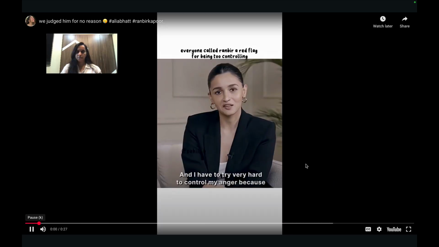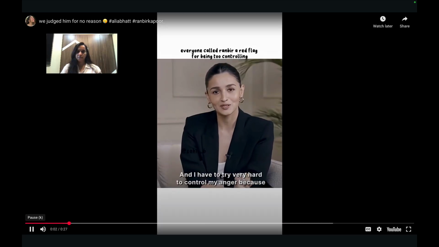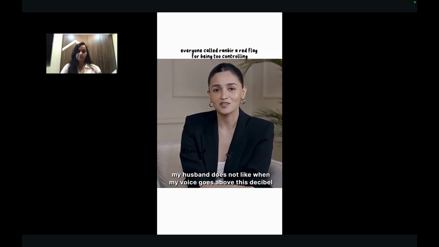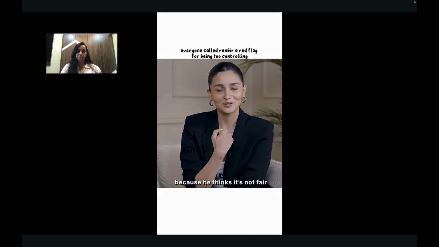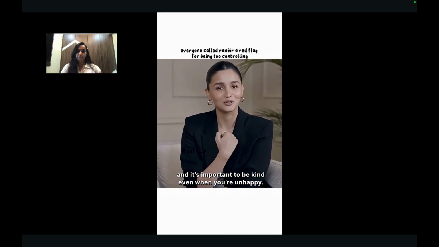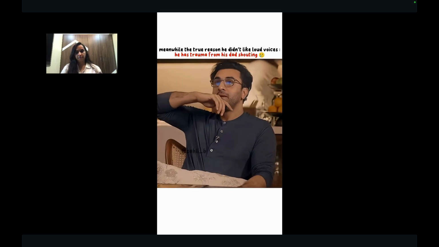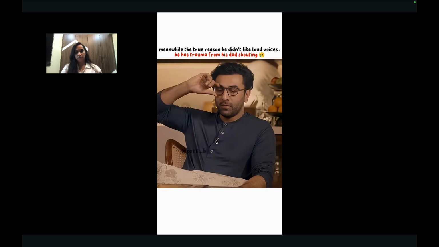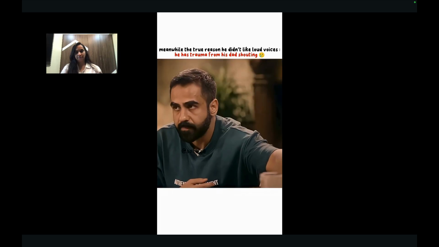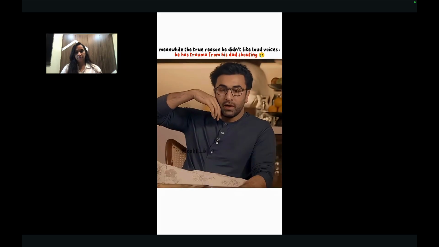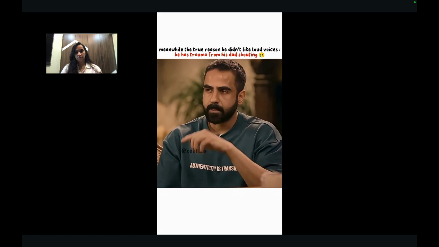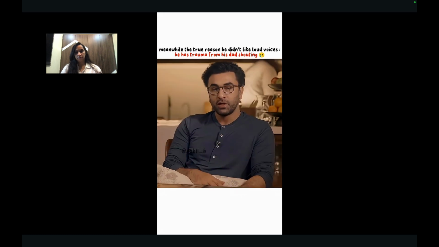I have to try very hard to control my anger because my husband does not like it when my voice goes above this decibel, because he thinks it's not fair and it's important to be kind even when you're unhappy. For example, I used to speak in a very loud tone, and I think because of my father's tone growing up, always kind of rattling, she really made efforts to change that.